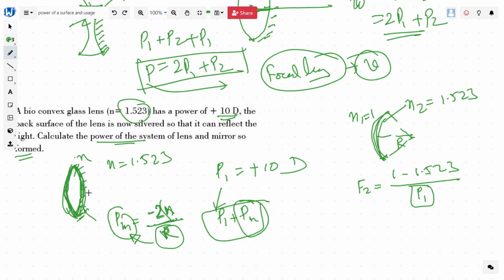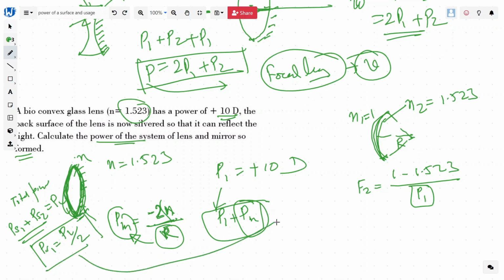And as we said, whether we turn it around, both surfaces will have equal power, which means power of surface number 1 plus power of surface number 2 is going to be the total power of the lens. And these two are going to be equal. So power of surface number 1 is going to be equal to power of the lens divided by 2. This is what we'll use here for the power of surface number 1, and the power of surface number 1 is now going to be equal to 10 by 2.